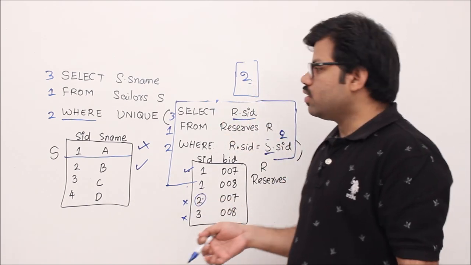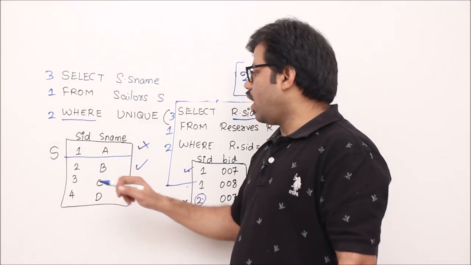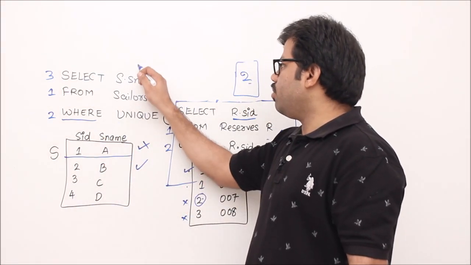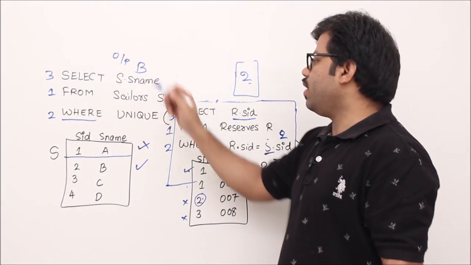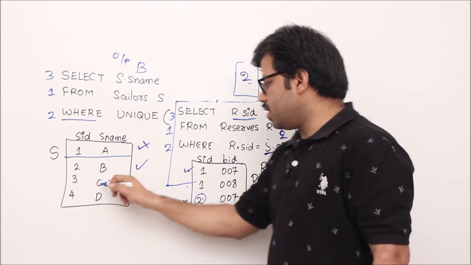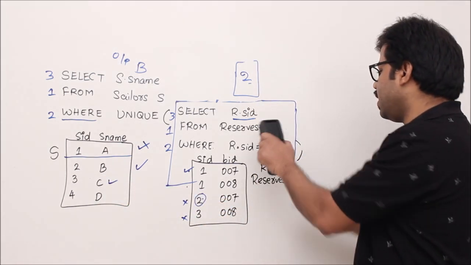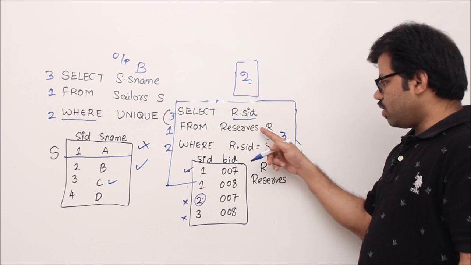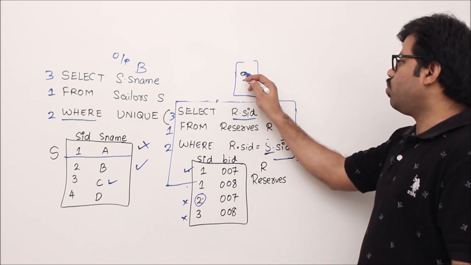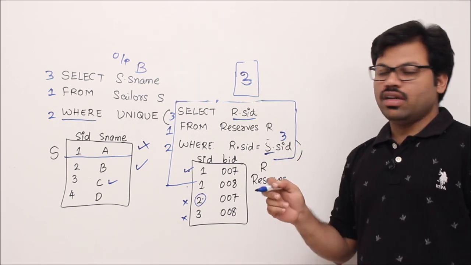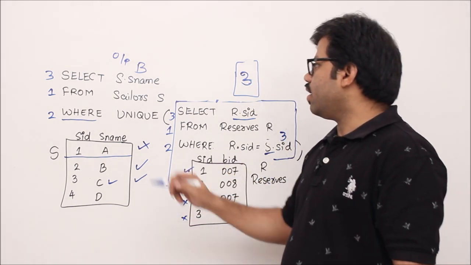So it's unique, that's why the condition will become true and 2 comma b will be printed. In the output we get b first. Then 3 comma c will be substituted, that means s.sid is 3. Reservations where r.sid is 3: only one reservation, so the output will be only one tuple. So this will be printed, right?